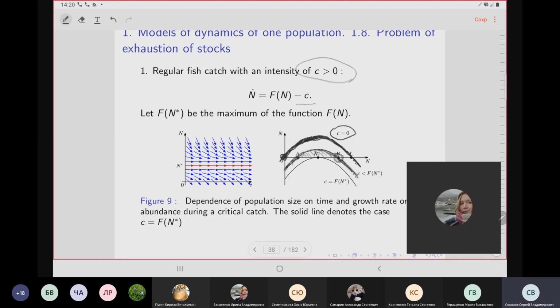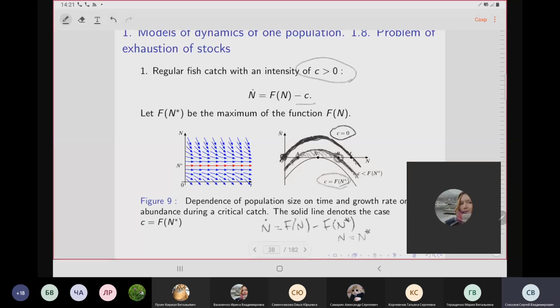So finally, we increase C up to C equals f of n star. It is absolutely the maximum possible C that we can achieve. When we consider the equation n dot is f of n minus f of n star, we see that the right-hand side is equal to 0 if and only if n equals n star.